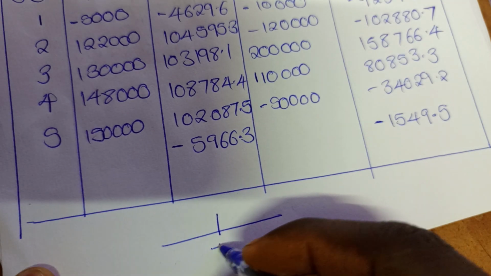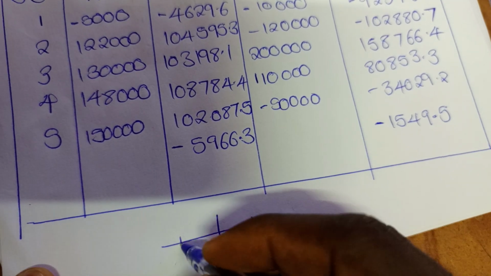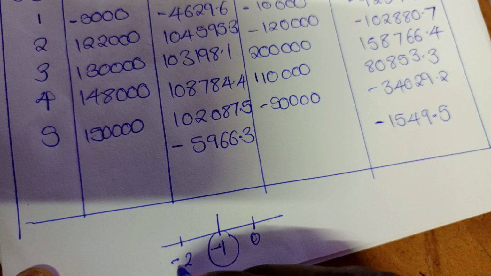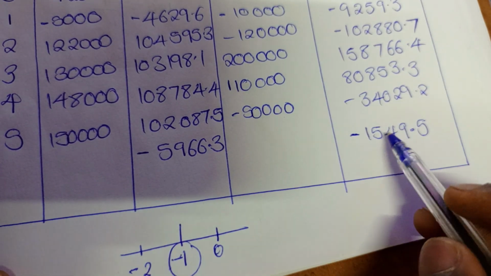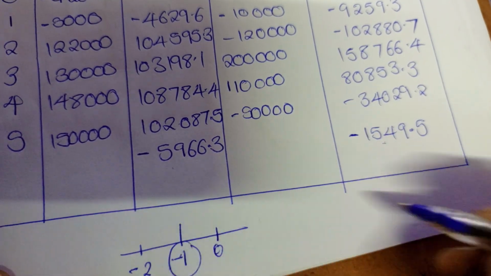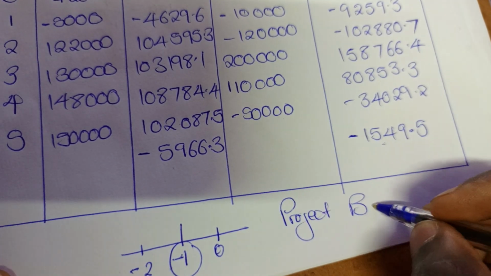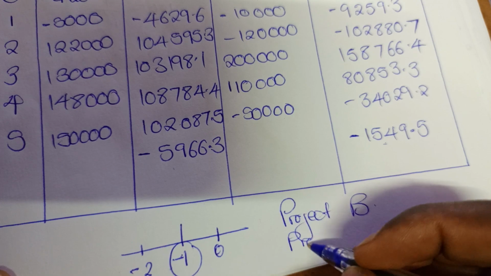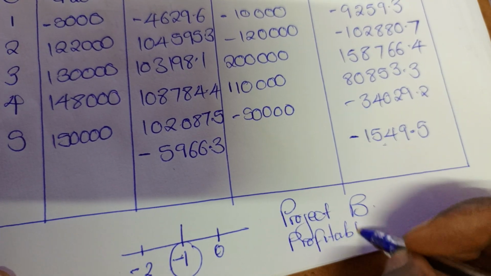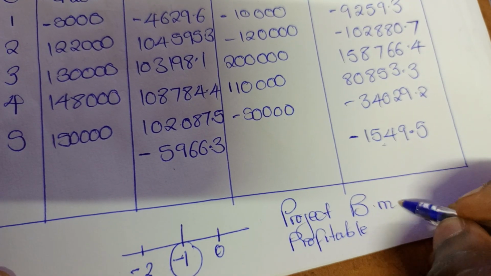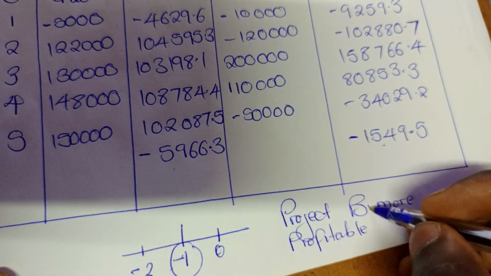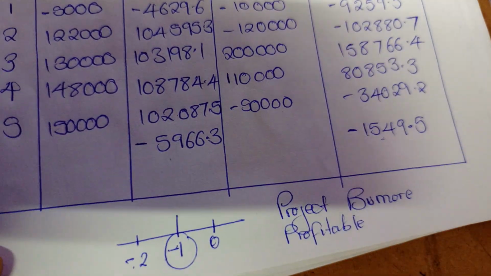So let's say we have negative 1 and 0 here. Negative 1 is greater than negative 2. So in this case, this one is greater than this one. So for 8%, project B is more profitable.